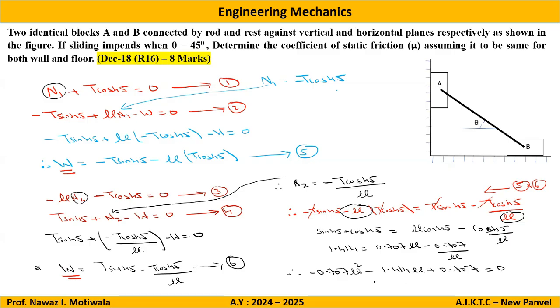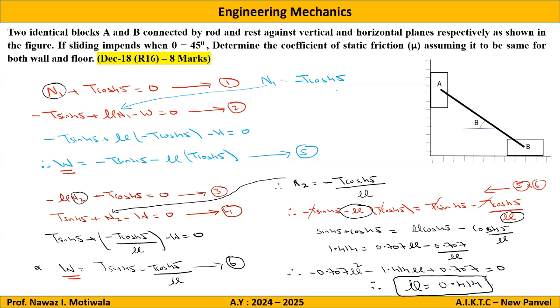On solving this as a quadratic equation in a calculator, I will get the value of mu as 0.414. This completes our solution. In the question, it was asked to determine the coefficient of friction between the wall and the floor. So the answer is mu is equal to 0.414.